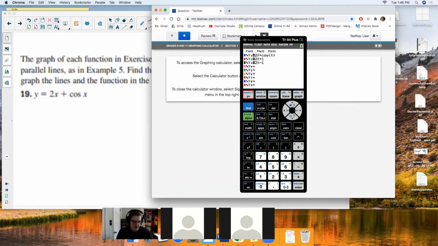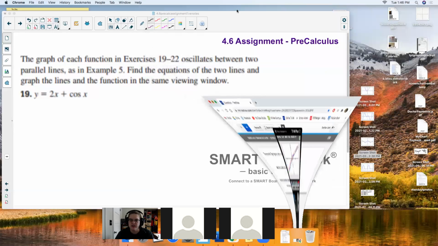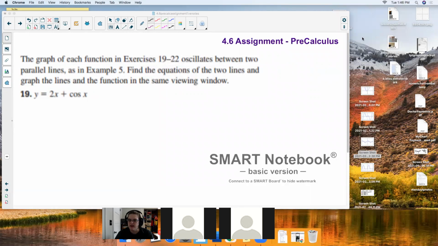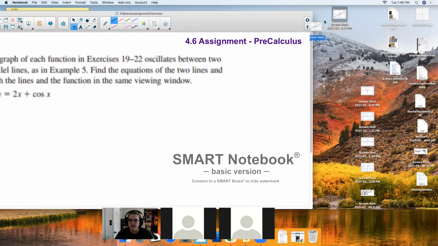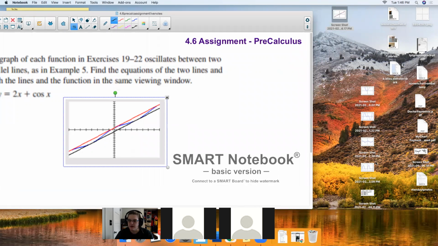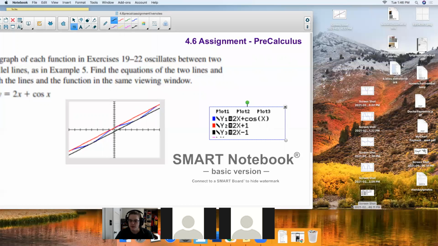So if I take a picture of this, since that's what's happening, and then I take a picture of this, and of course if we were not on the computer, you would have just sketched the graph, which just means it could be kind of sloppy if it needed to be, but you would want to label as much as possible so that it wouldn't be hard to understand what it was referencing.